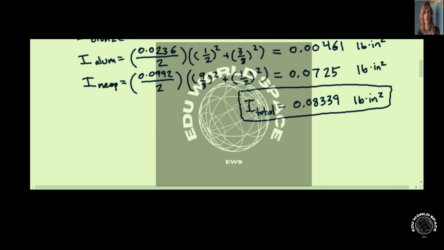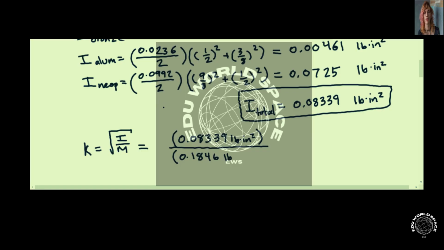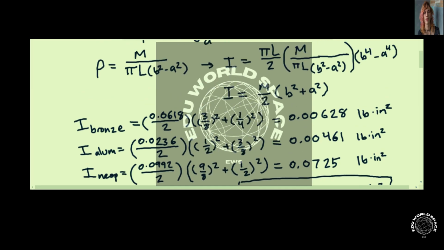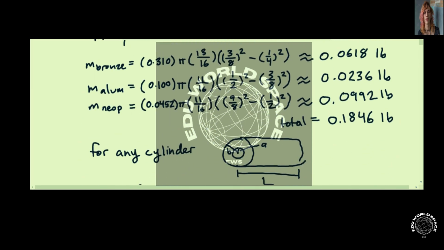Now what we need to do is find the radius of gyration. I wrote this down earlier, but let's write it down again. The radius of gyration k is given by the square root of the moment of inertia I divided by the total mass m. In our case, the moment of inertia is 0.08339 pounds inches squared, and our total mass is 0.1846 pounds, which we calculated earlier.